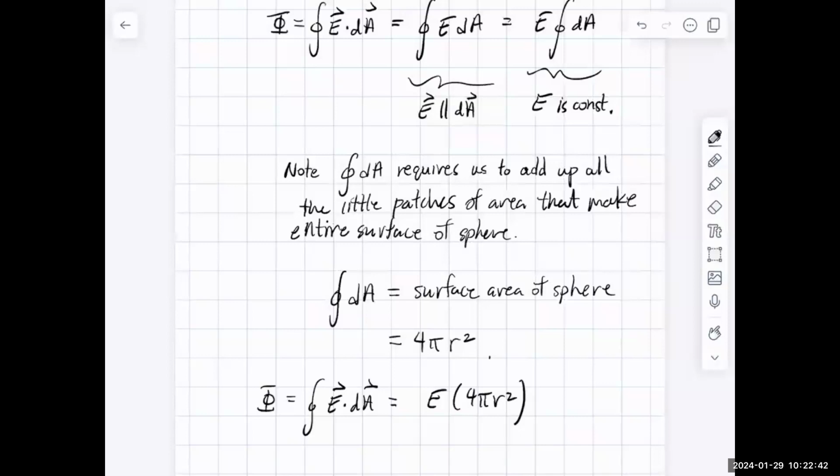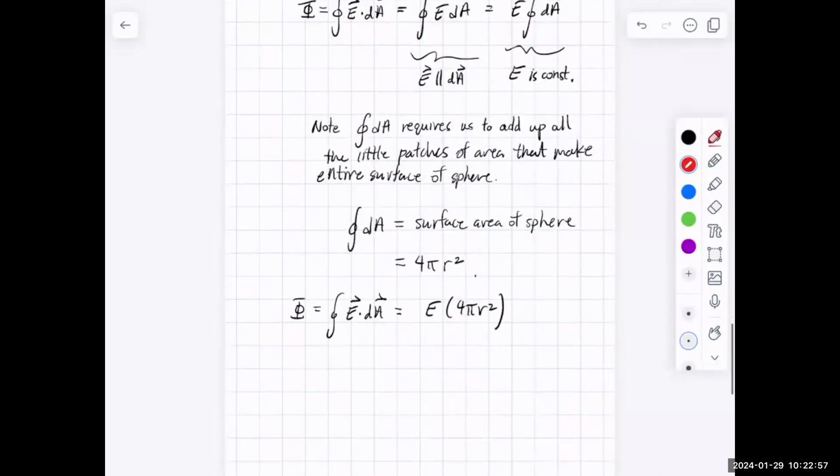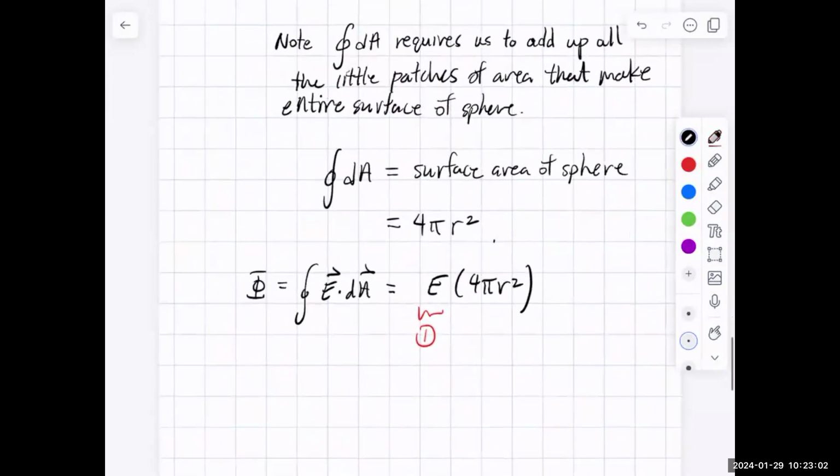Okay, so what we said is our electric field was going to be a constant. And so we said it's going to have this value. So let's label that equation 1. So if we sub in equation 1 for our electric field, we're going to get that phi is equal to Ke Q over r squared times the 4 pi r squared. All right, and so now, beautiful thing happens.